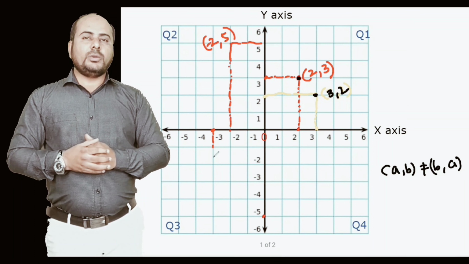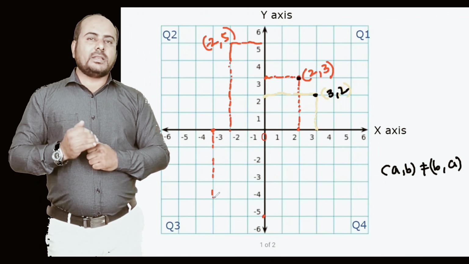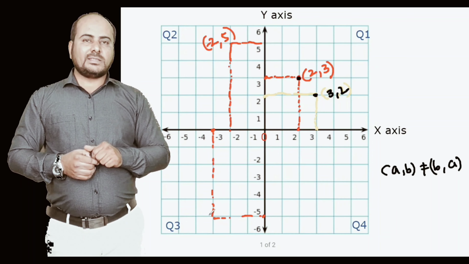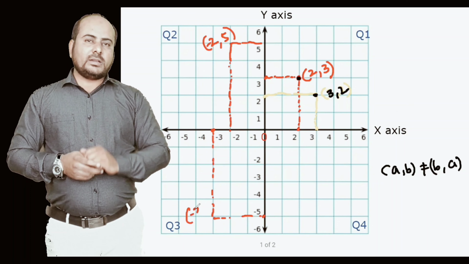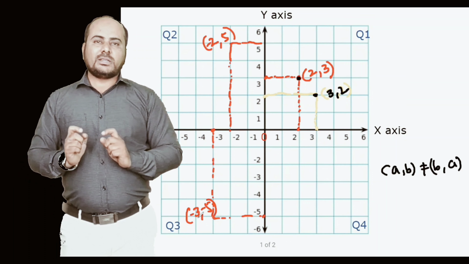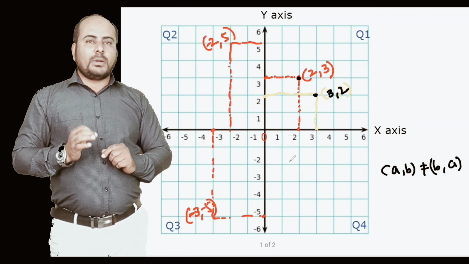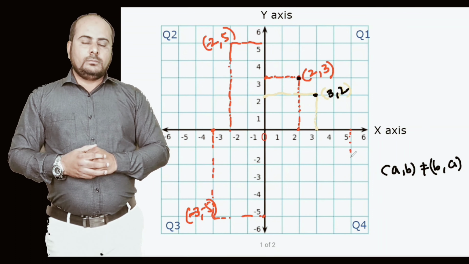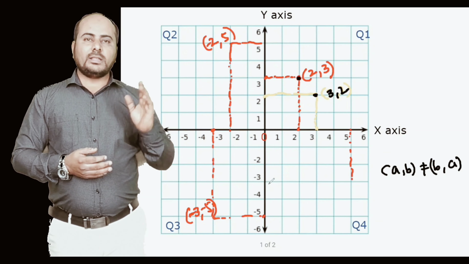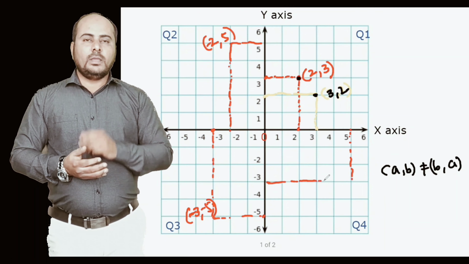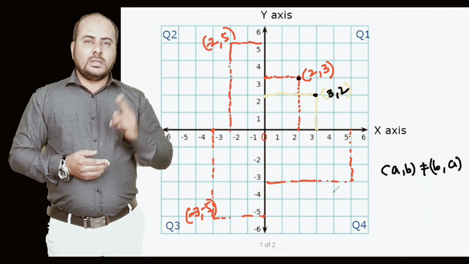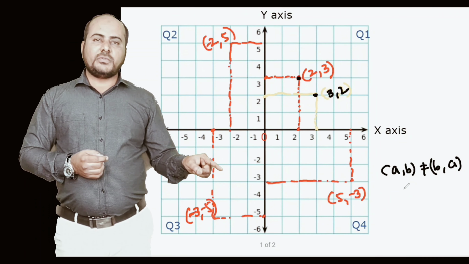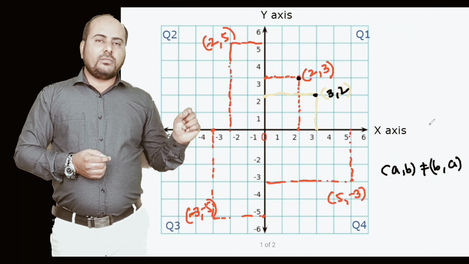Similarly, I am going to take (-3, -5). So observe here, minus 3 on the x-axis, minus 5 on the y-axis. If these two intersect at a point, then we get a particular point in quadrant 3. One more point can be taken, that is (5, -3). 5 is on the x-axis, minus 3 on the y-axis. So (5, -3) is situated in quadrant 4.